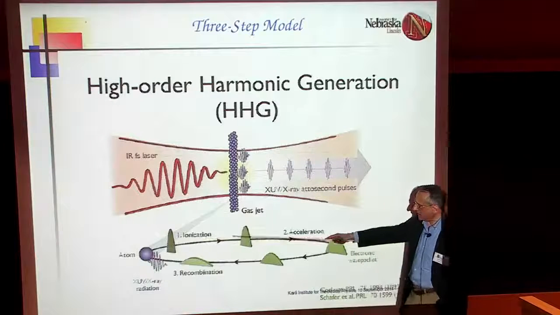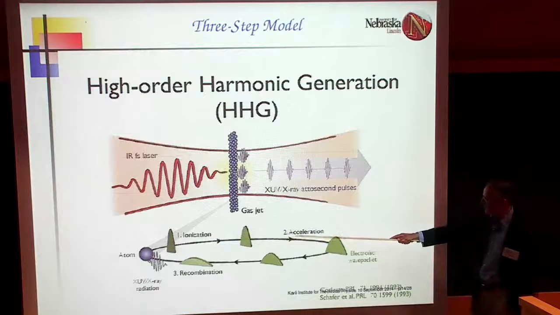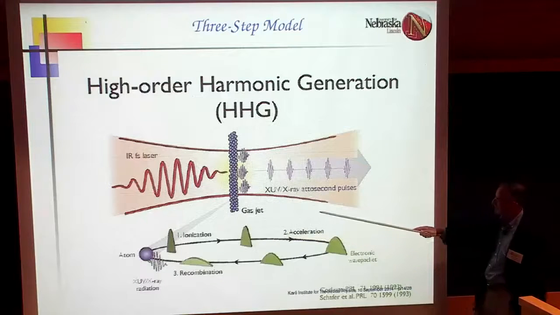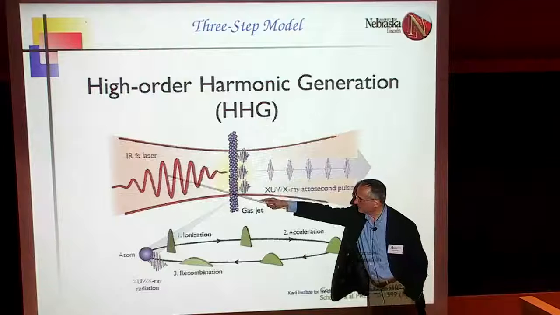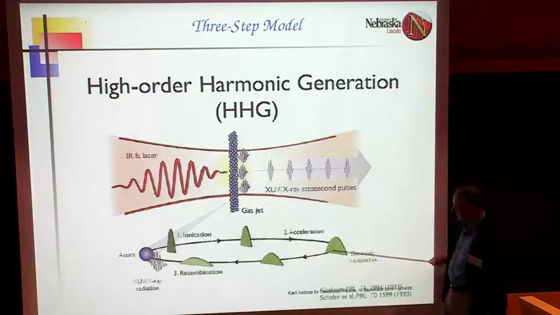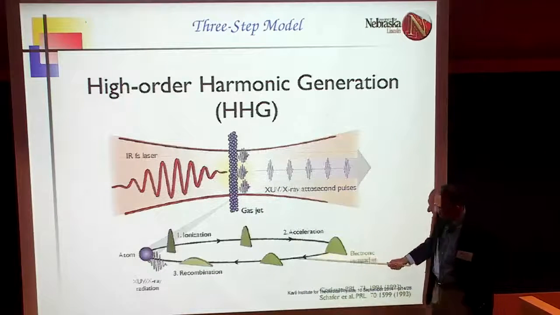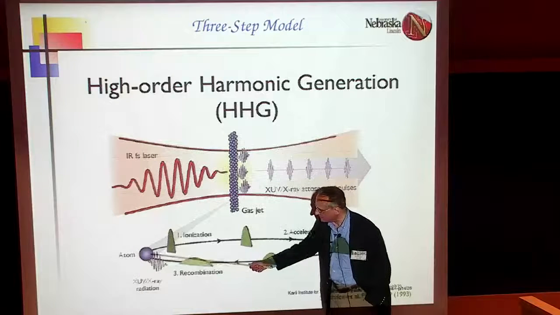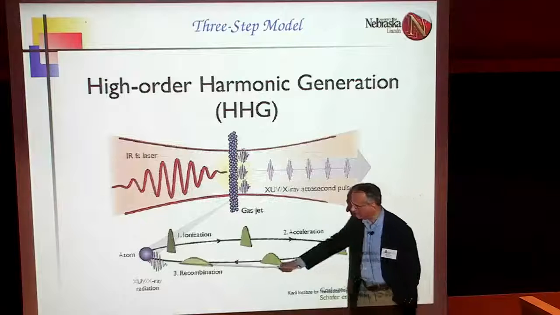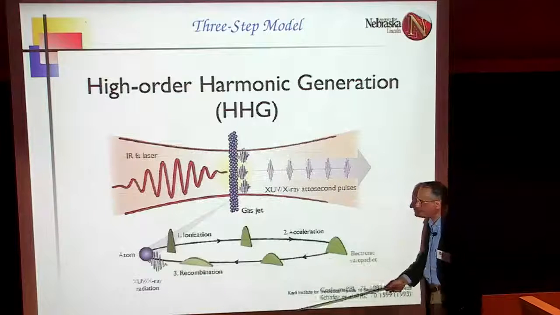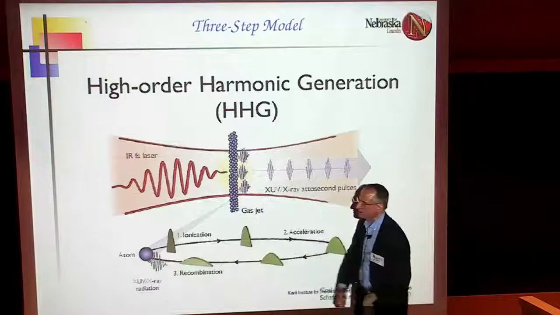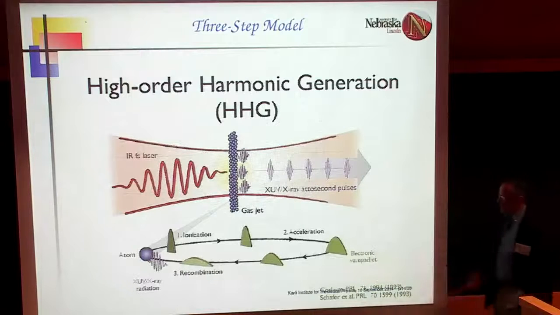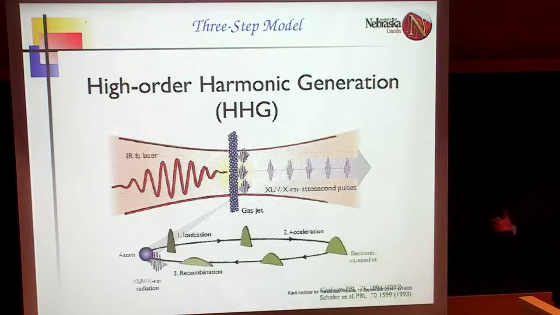And this initially moves away from the atom, accelerated away, but then the laser field goes from positive to negative. That electron wave packet is attracted back to the atom, and it recombines, and when it recombines, it gives up the energy of acceleration it has obtained by moving in this laser electric field in a burst of radiation, which contains all these harmonics.